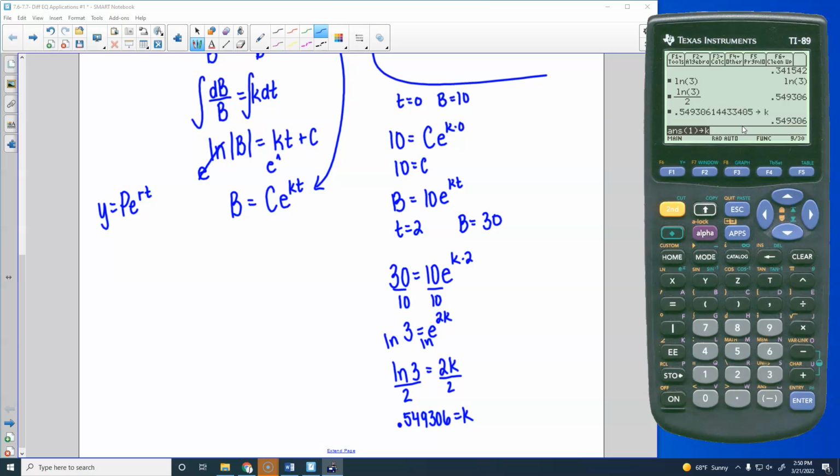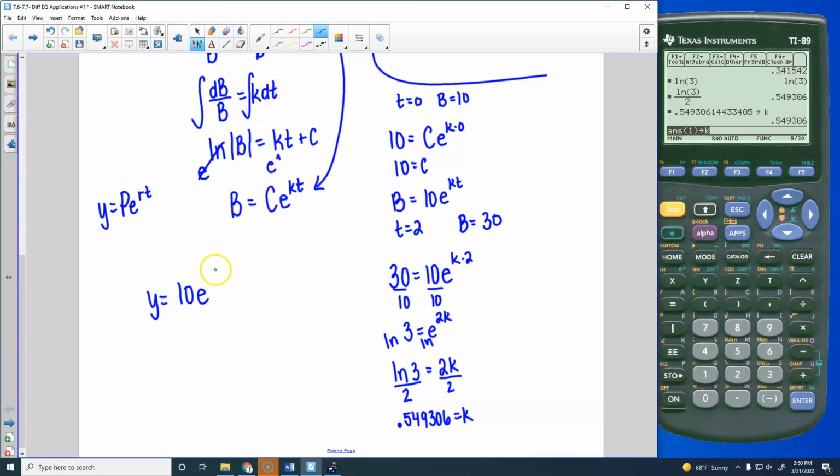So our equation is Y equals 10e to the 0.549306t.